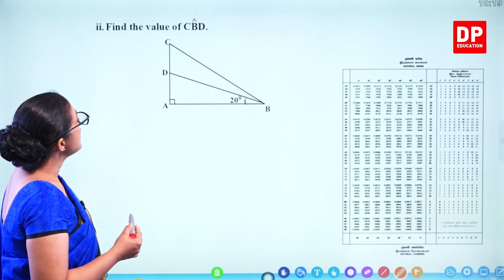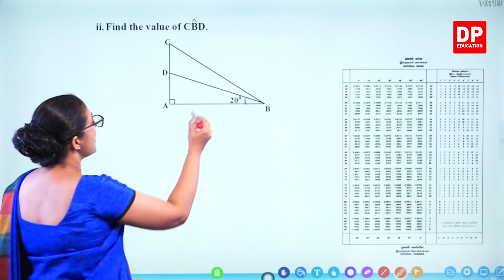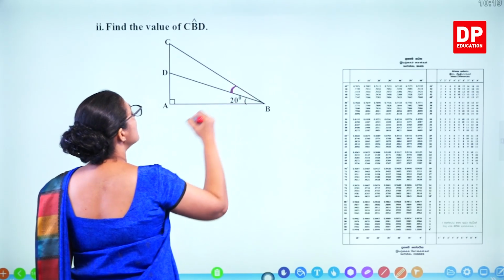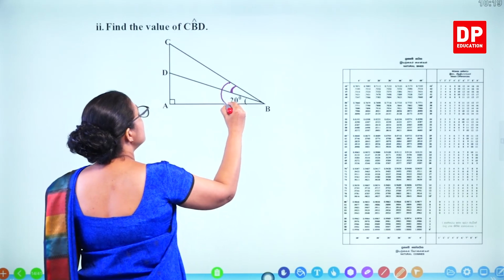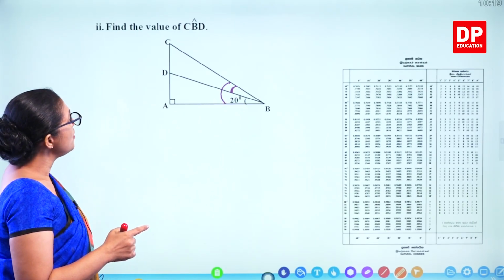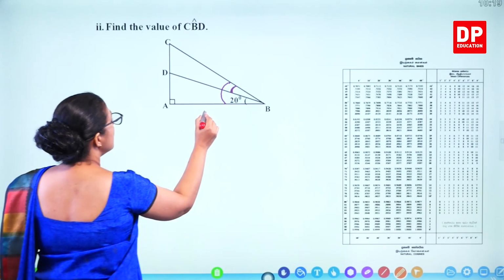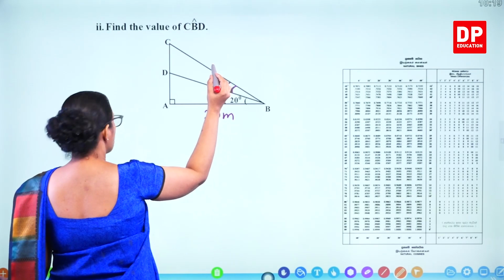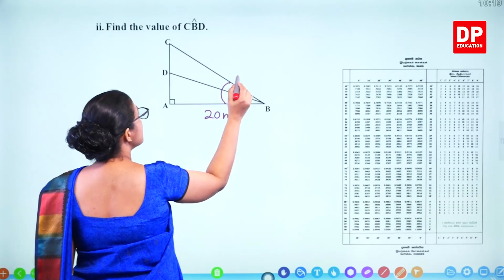Find the value of CBD, this angle. If we can find out the full angle and subtract 20, you can find out the other angle. So you need this length, and here that's 23.8.